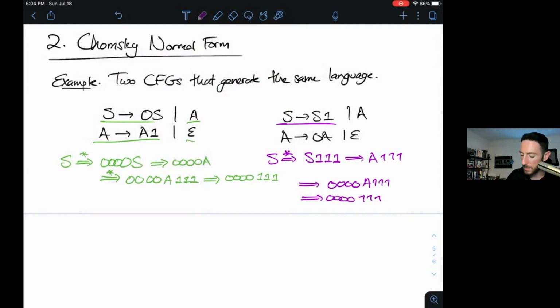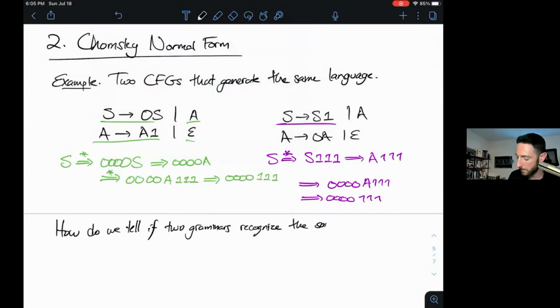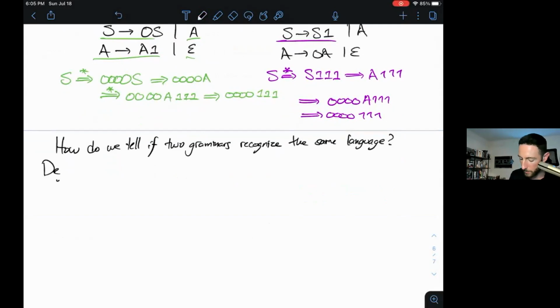And this raises a really natural question, which is, how do we tell if two grammars recognize the same language? And the answer is we define a standard normal form.